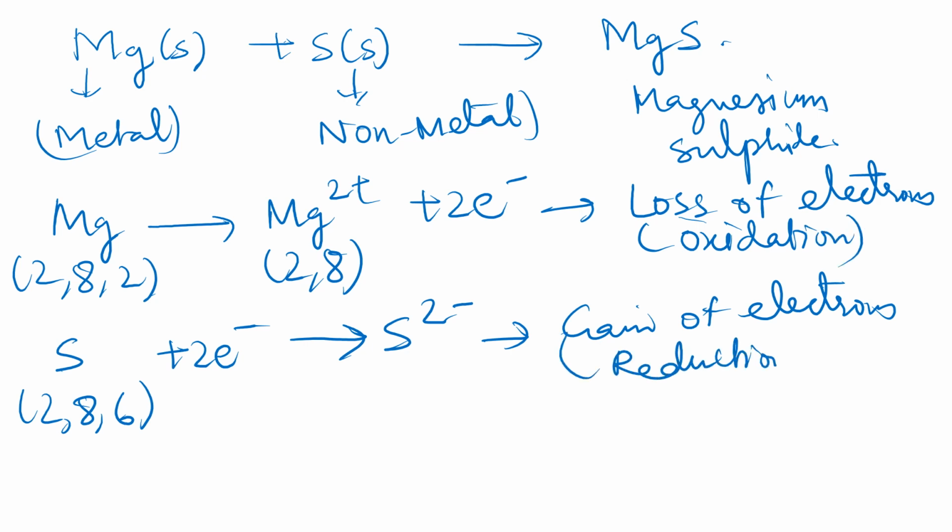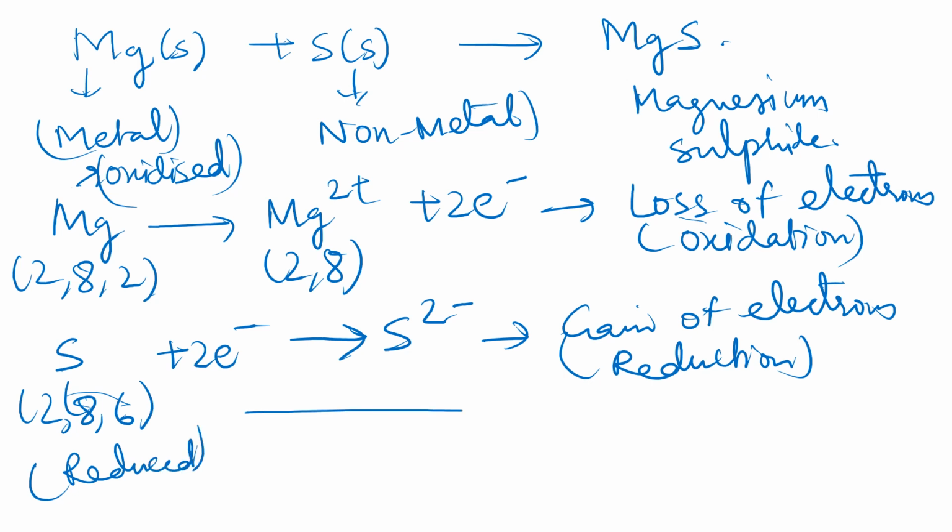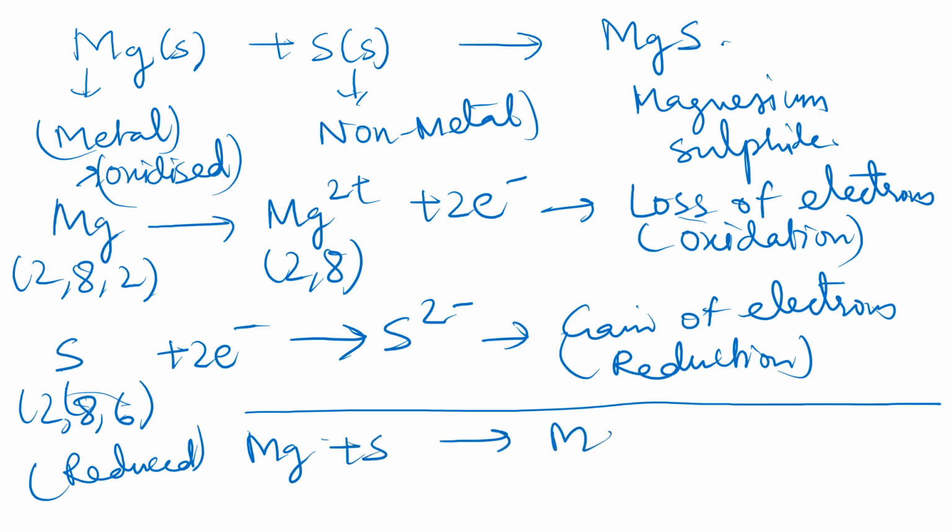In other words, we say magnesium is oxidized and sulfur is reduced. Again, it is an example of a redox reaction. If I write the overall reaction, it is MgS. That's how we write oxidation and reduction reactions and explain them in terms of the electronic concept of oxidation and reduction.